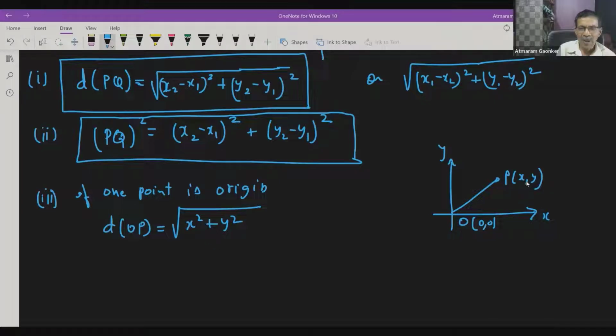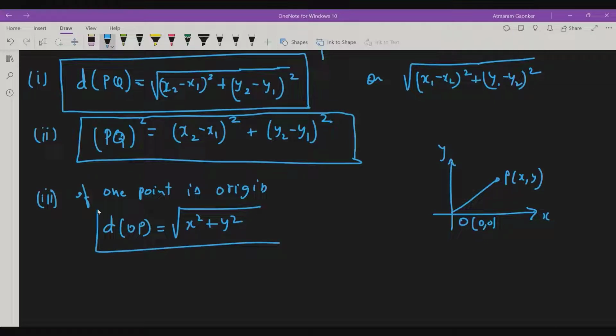So here in place of (x2, y2), there is (x, y). This is the distance OP.